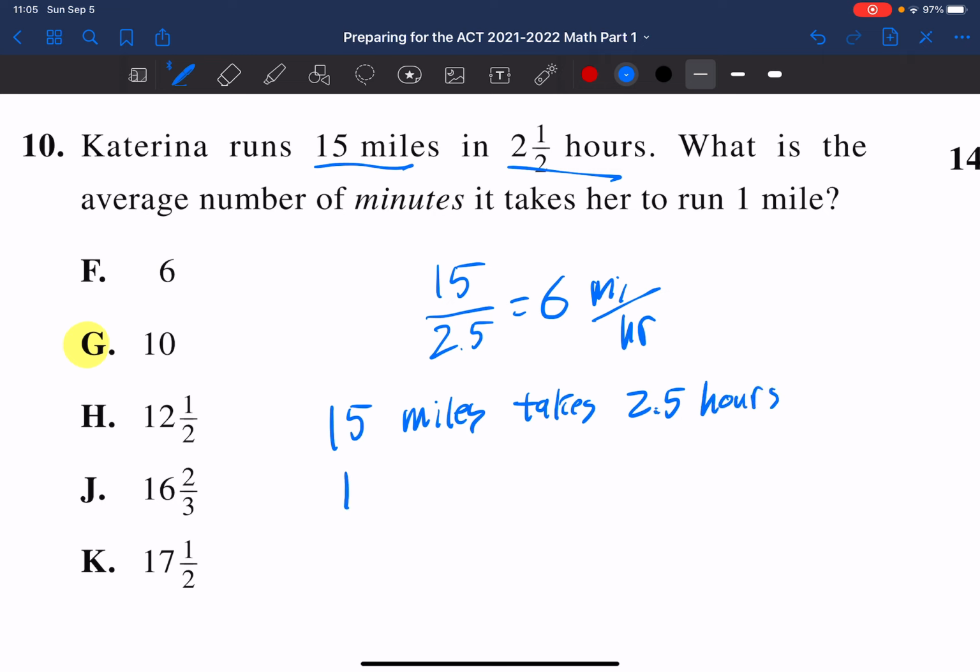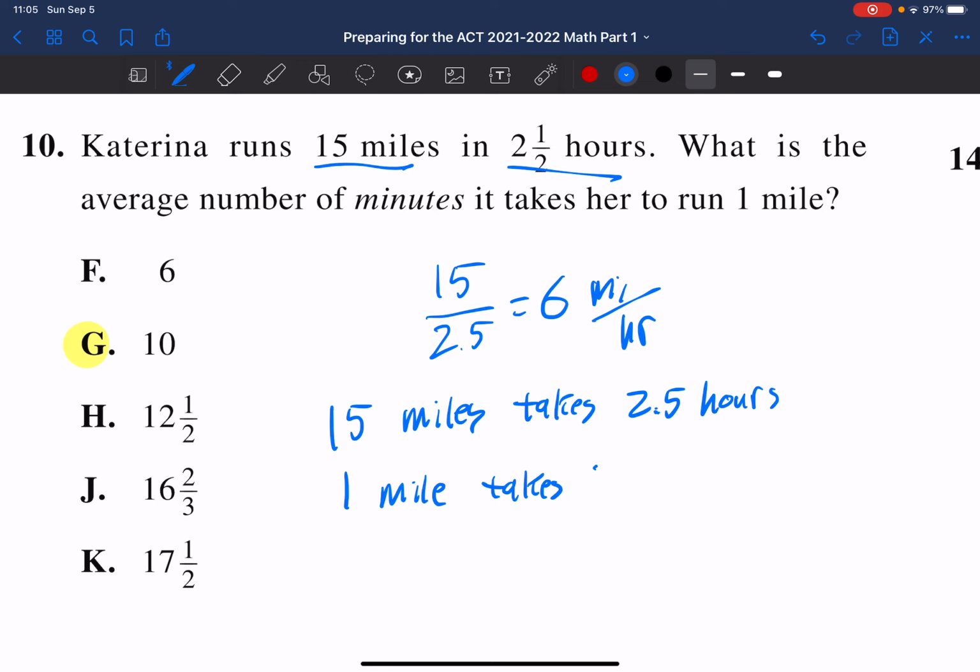So 1 mile takes, now we're assuming she runs the same average miles per hour the whole time. So it takes her 2.5 hours to run 15 miles, so what's one of those miles?